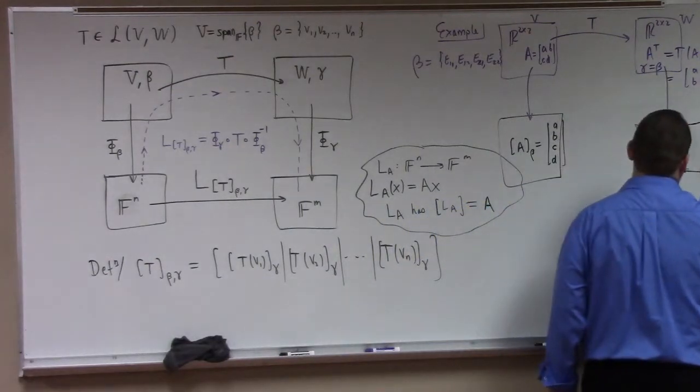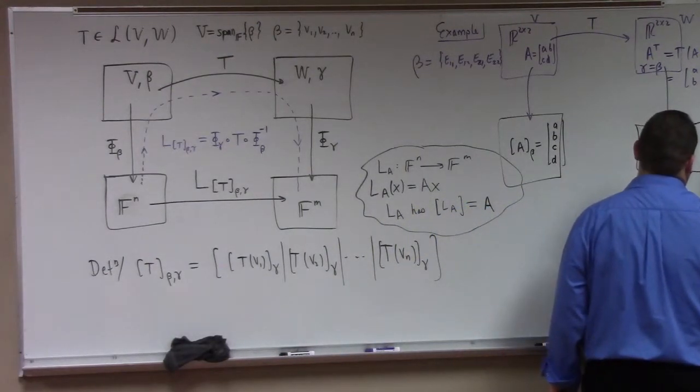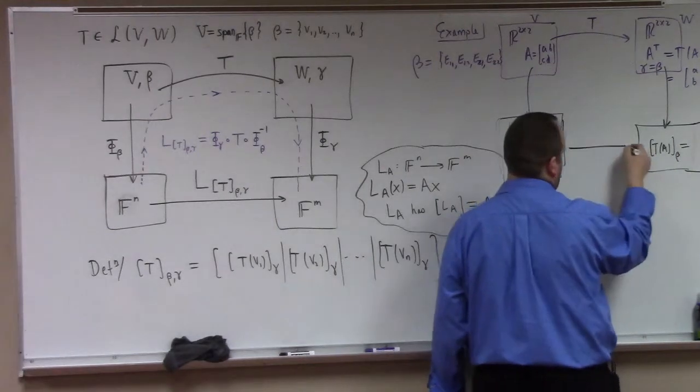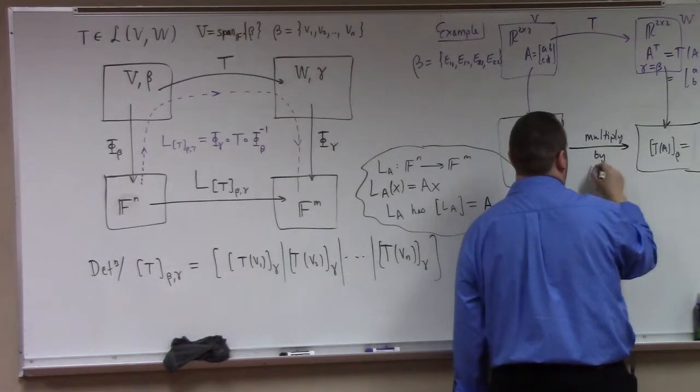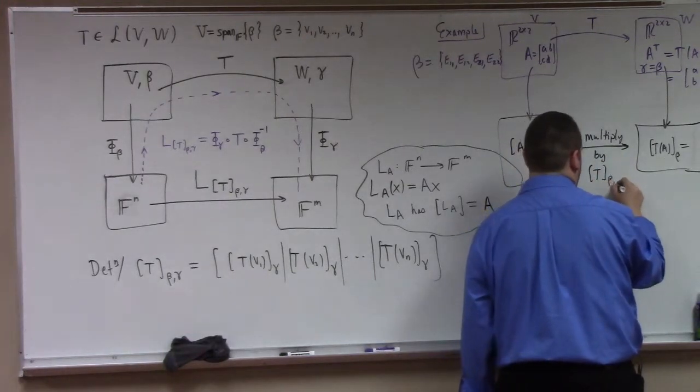A, C, B, D. And to go from here to here, you want to multiply by, in this case, T beta beta.